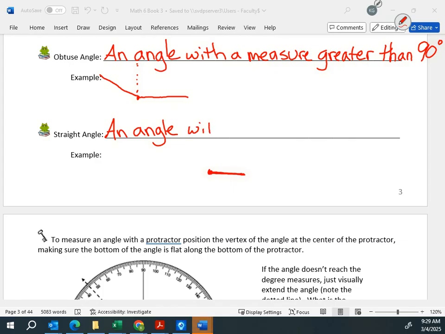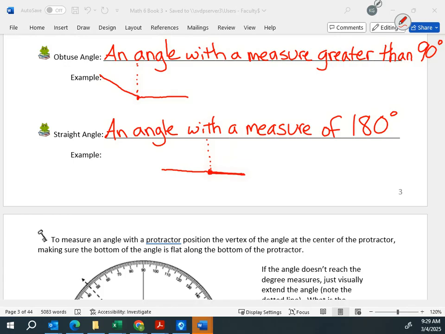Well, that was a great guess. It is an angle with a measure of, any other guesses? So an angle with a measure of exactly 180 degrees. So if 90 degrees was going straight up, another 90 degrees puts us going straight across.